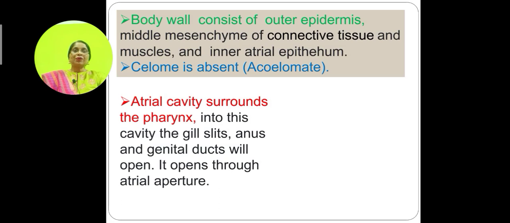The body wall consists of an outer epidermis, a middle mesenchyme of connective tissue and muscles, and an inner atrial epithelium. Coelom is absent, so these are also called acoelomate. The atrial cavity surrounds the pharynx. Into this cavity, the gill slits, anus and genital ducts open. It opens through the atrial aperture.